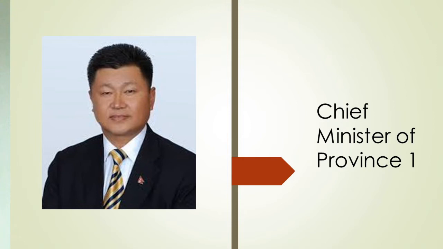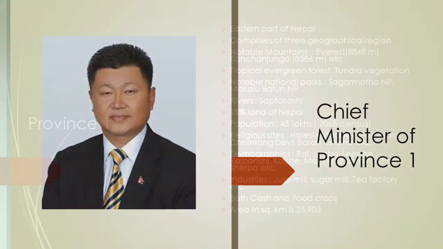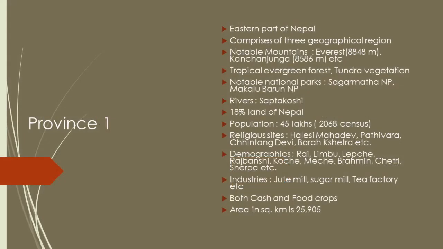Now today, in brief, we will study its location, which part it is located in, the geographical regions it comprises, and some of the notable major mountains. We are going to study the varieties of forest available there.